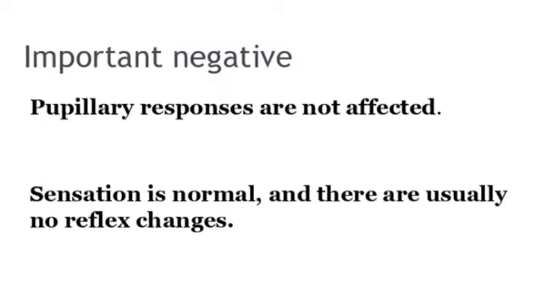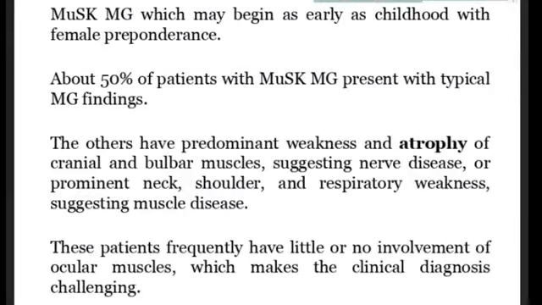The characteristic feature of the disorder is that sustained activity of affected muscles leads to temporarily increased weakness. Thus, sustained upgaze for 2 minutes can lead to increased ptosis, with the power in the affected muscles improving after a brief rest.